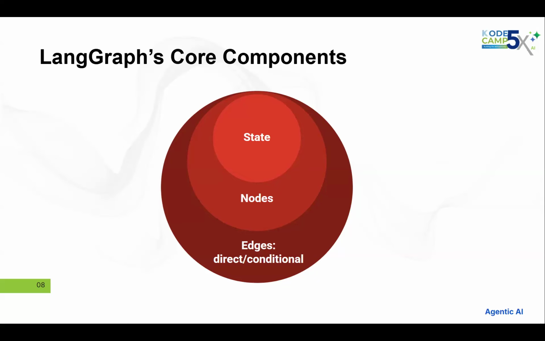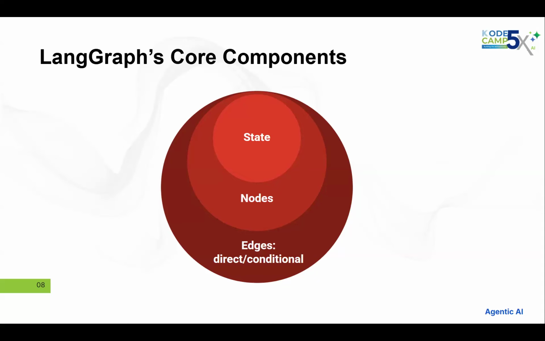It's just like in a flowchart. Anyway, if it's a direct edge, let's say a direct edge from node A to node B, the implication is that whenever you get to node A, the next node you move to is node B. That's a given, right?